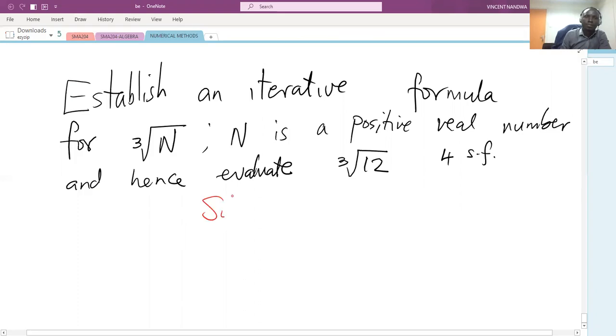So, solution. Let x be this value of the cube root of n.